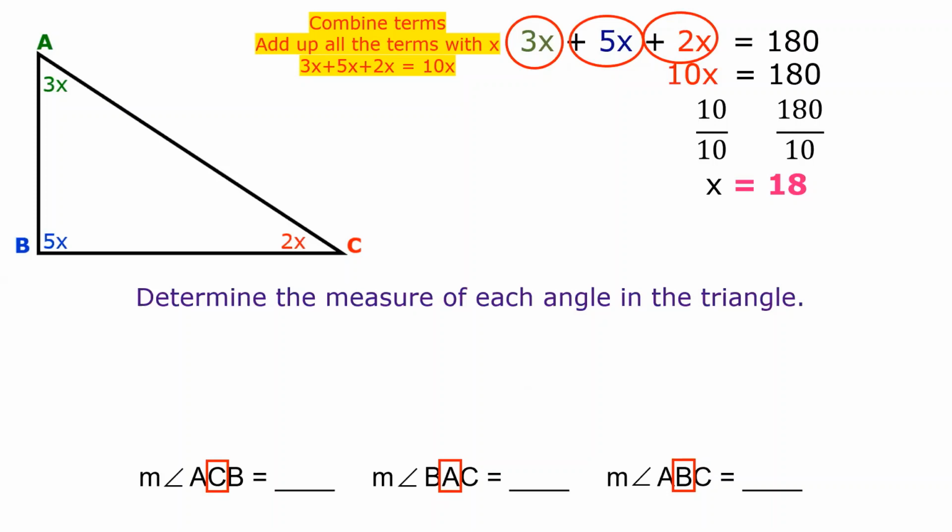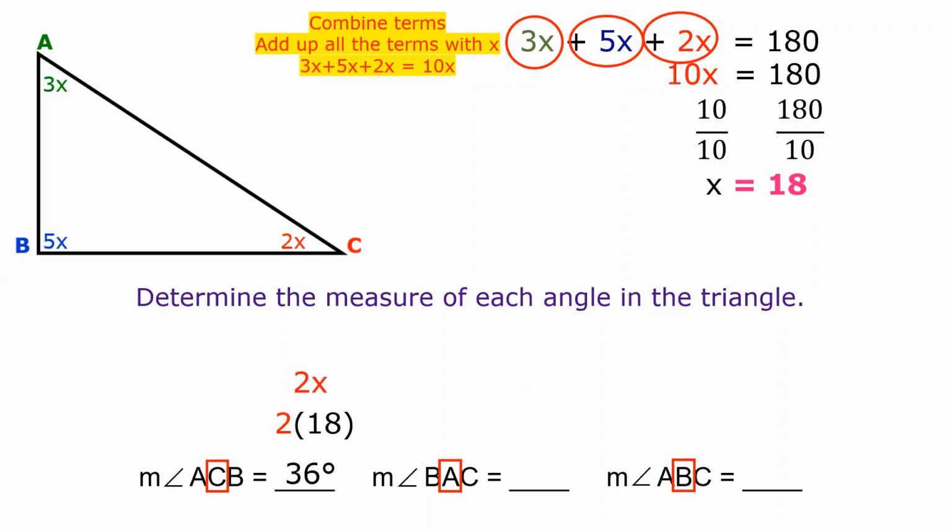What is the measurement of angle C? We found out that the x value is 18. So you multiply your 2x, which is 2 times 18. The angle measure in degrees would be the product of 18 times 2, which is 36 degrees.